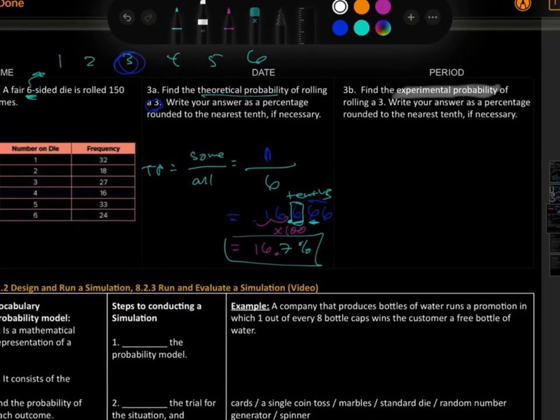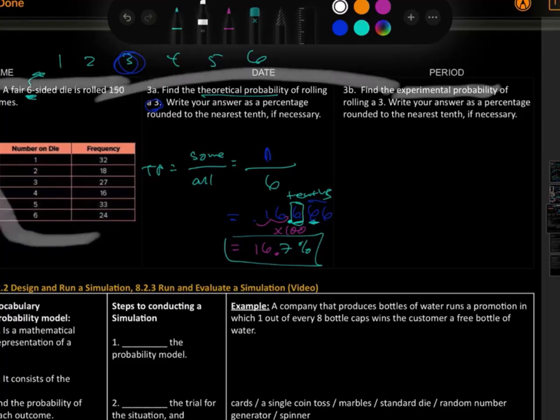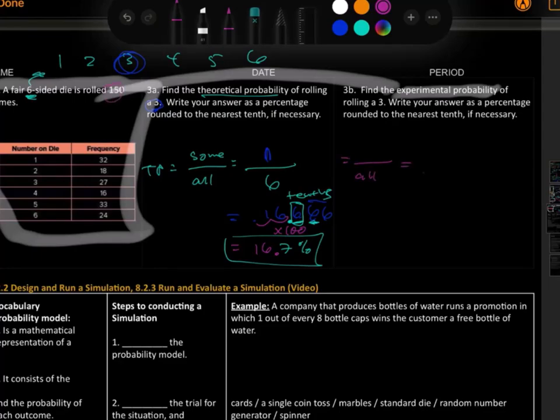The experimental probability, we're going to look at this chart here. So we have the all. In this case, that would be the 150. Rolling a 3 came up 27 times.